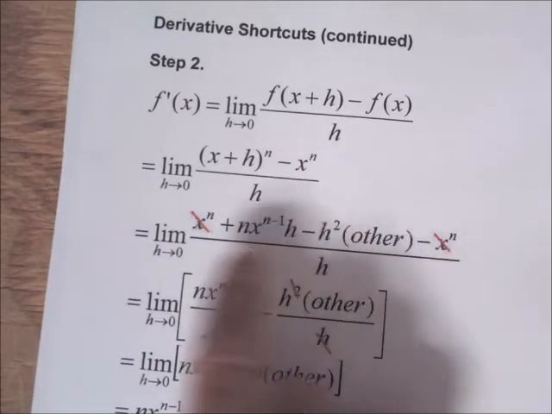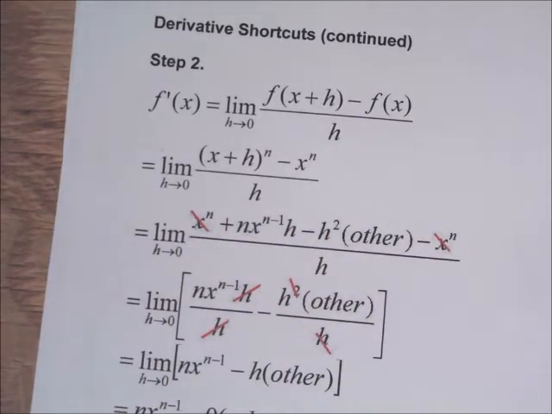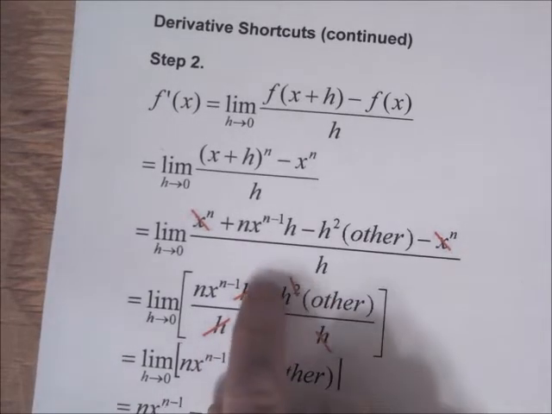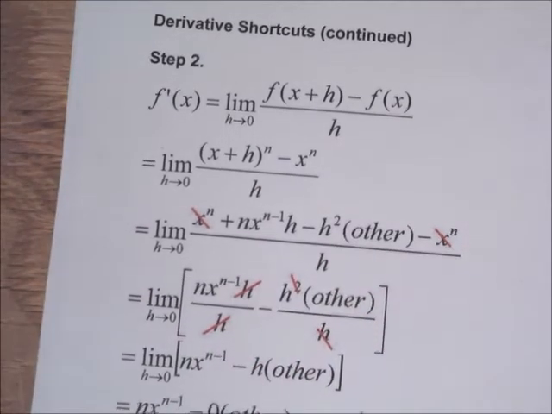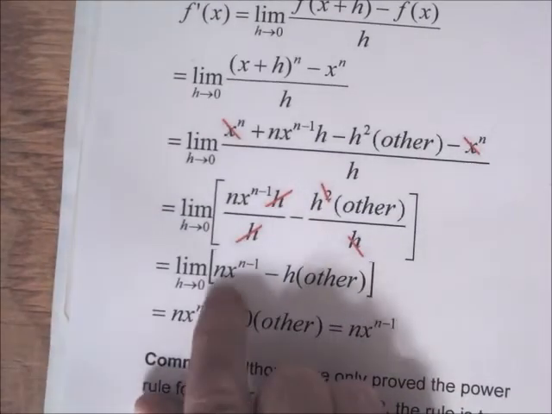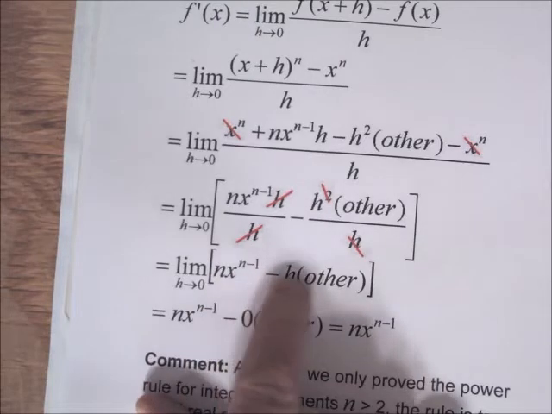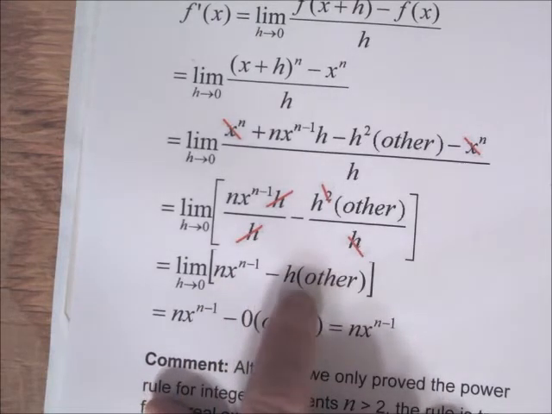So the minus x to the n and x to the n will cancel, and we can distribute the denominator, and then we'll cancel the h's here. So we're going to be left with the limit as h goes to 0 of n x to the n minus 1 plus h times some other terms.